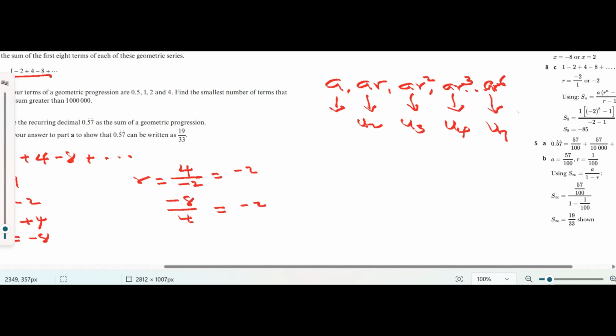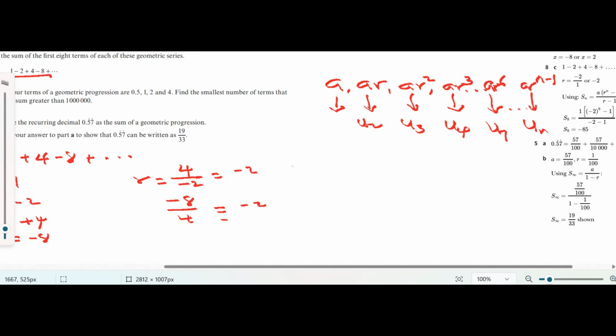And what will be the UN, the nth term? The power of R is reducing by 1 from n, so it will be AR raised to the power n minus 1. And that is how to get the nth term.